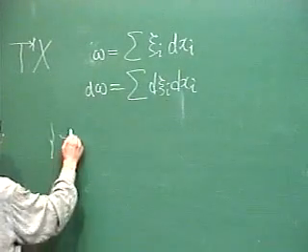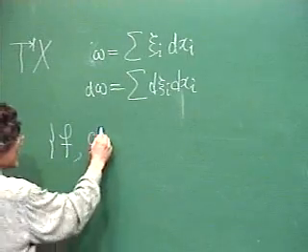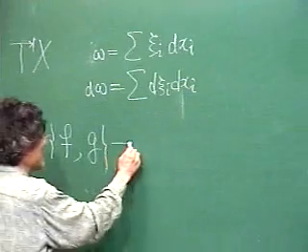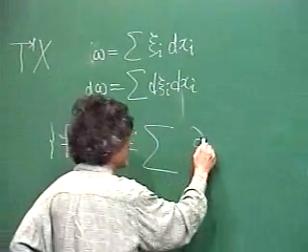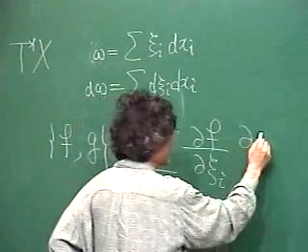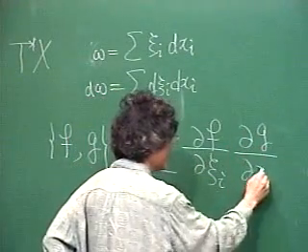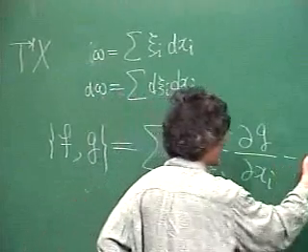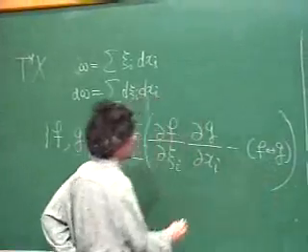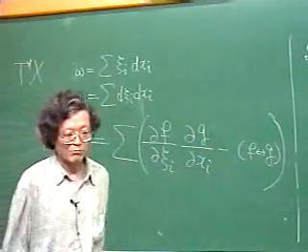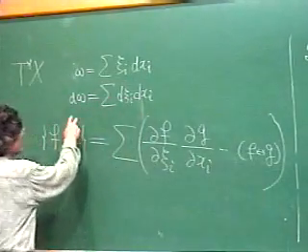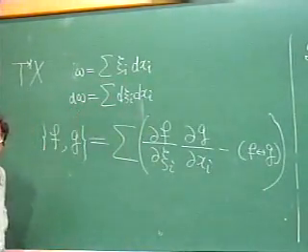So you can define the Poisson bracket for two functions on T star X. I won't give the definition, but that is given in this way, using the coordinate system, minus exchange. So that is a Poisson bracket. And this is defined only by the symplectic structure on T star X.